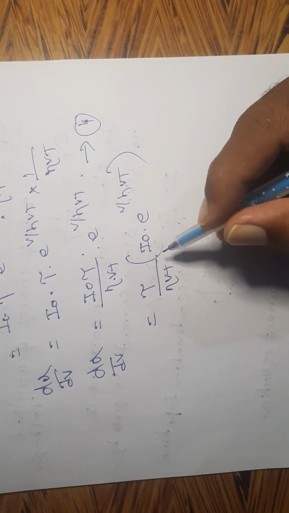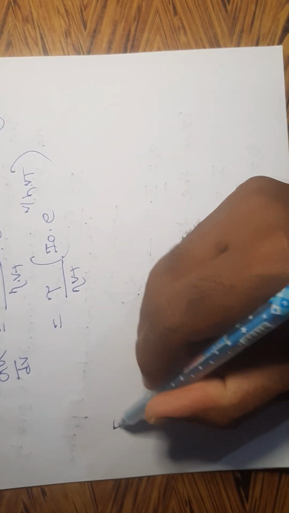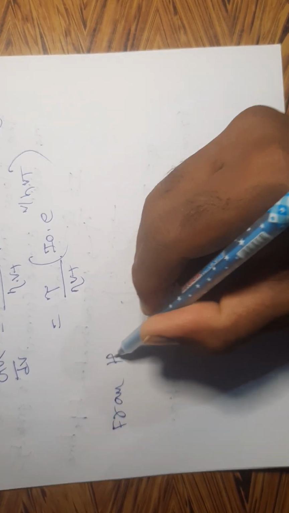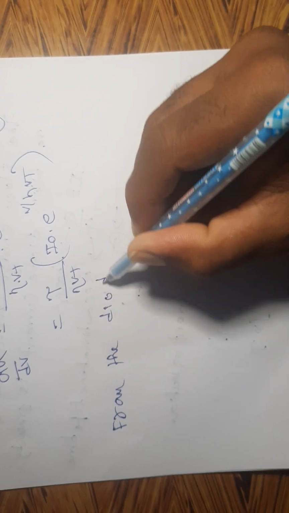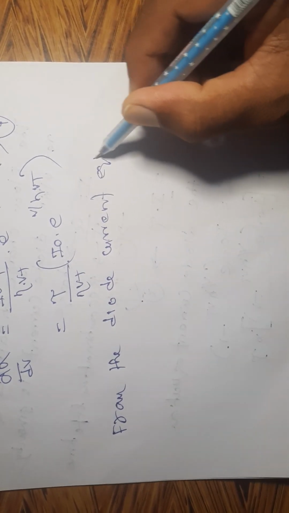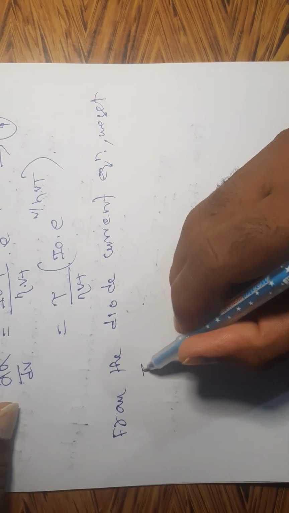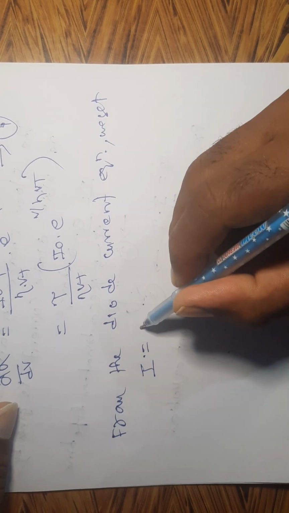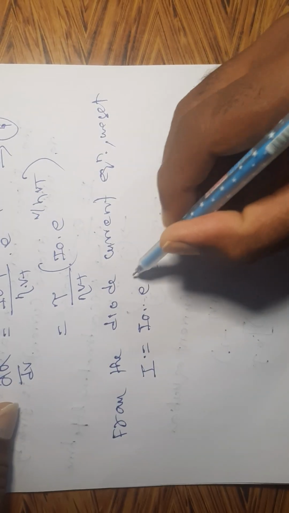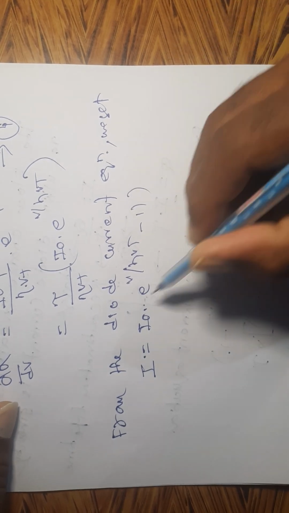So by simplifying this expression, again we take the diode current equation. We get I equal to I0 into (e^(V/ηVT) minus 1). Now multiply this by I0: the equation becomes I0 e^(V/ηVT) minus I0.